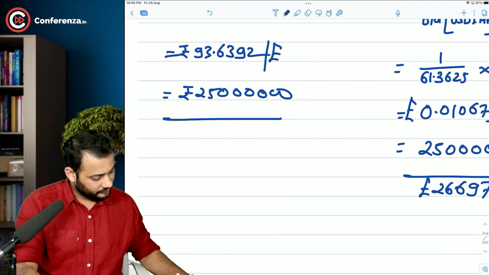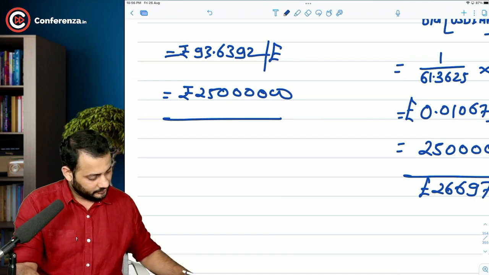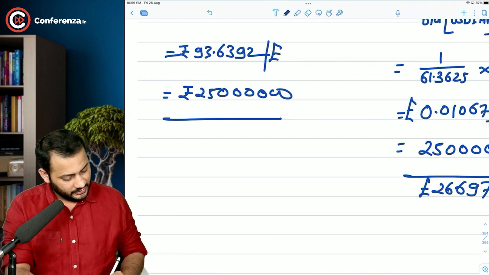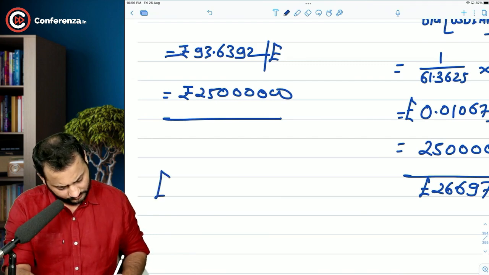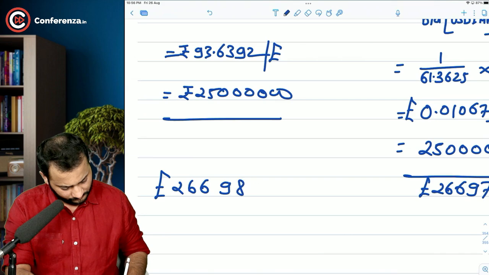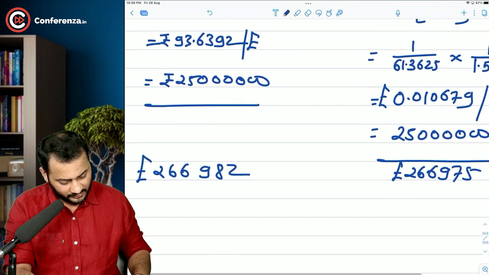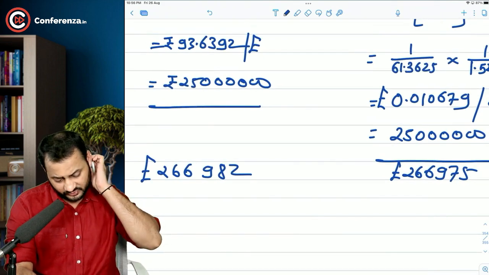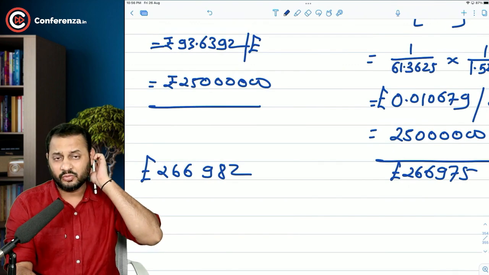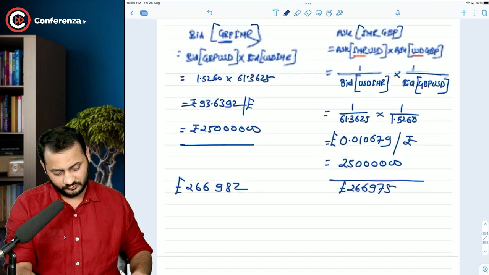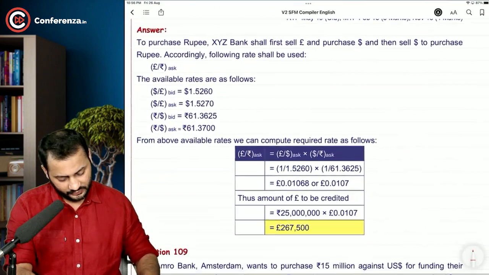That's around 266,982. So both the rates are same, hardly a difference of 7 pounds.